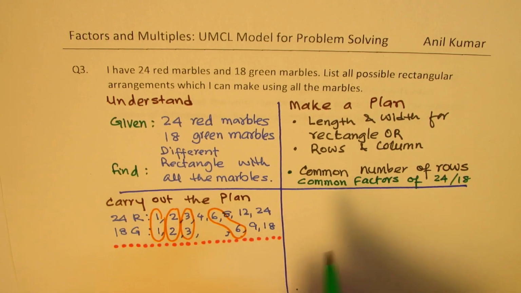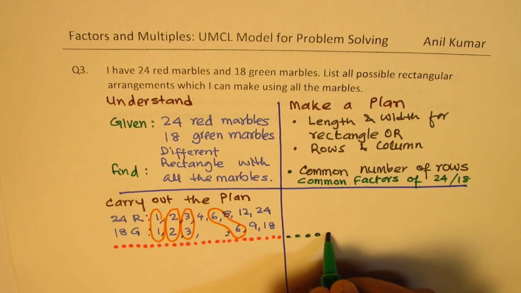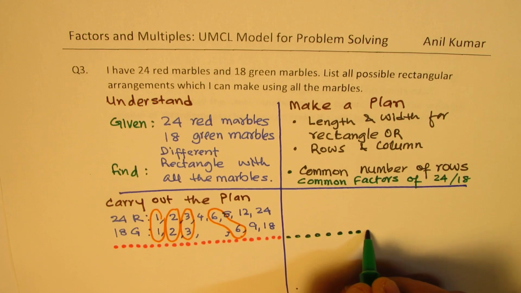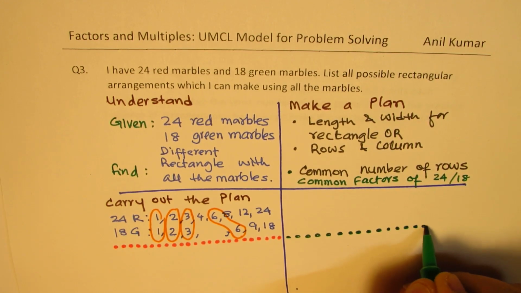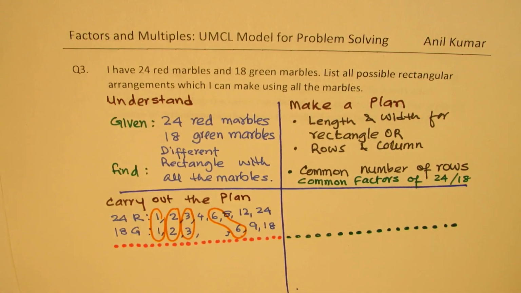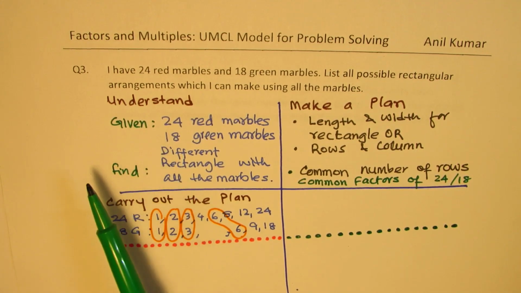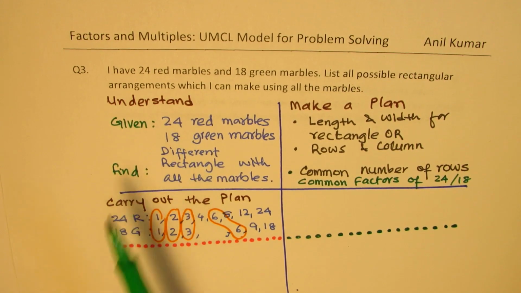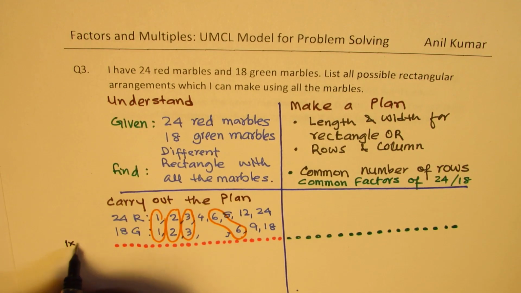So I'll kind of extend here, counting 1 through 18 green. So we get one rectangle whose dimensions are 1 by 18 plus 24, correct? Which is 42. So we have 42 in all, right? So this rectangle's dimensions will be 1 by 42, right?